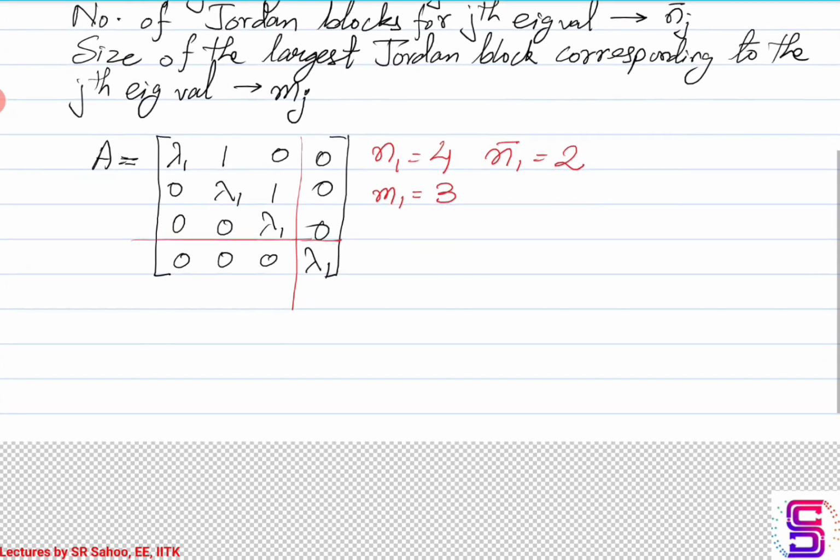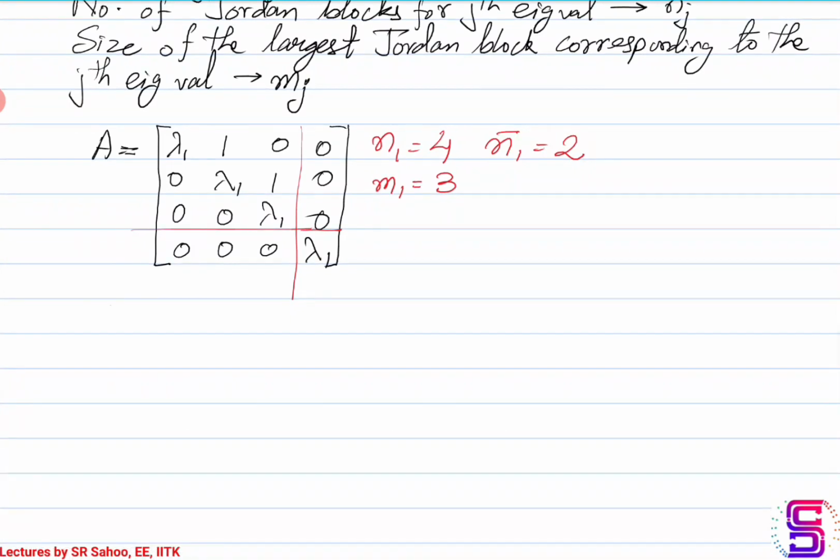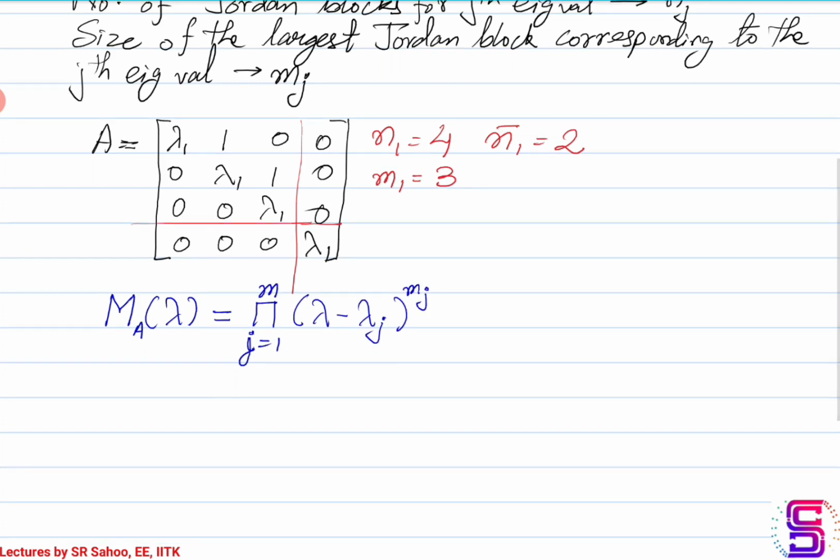Now, once you find this number mj, construct a polynomial like this: the product over j equal to 1 to m of lambda minus lambda j to the power mj.